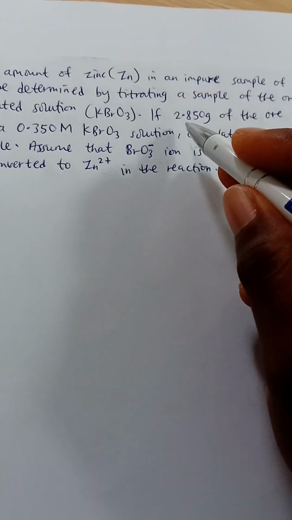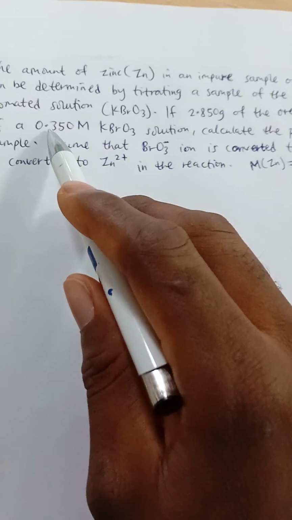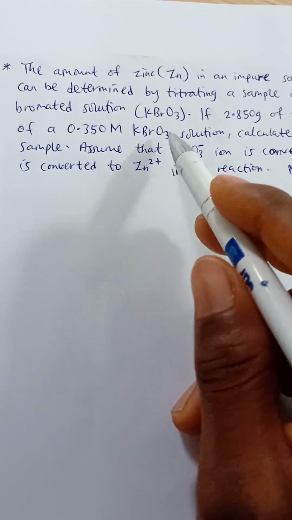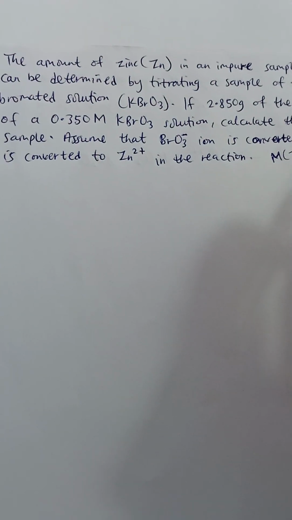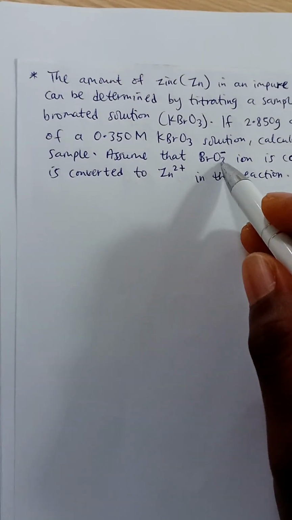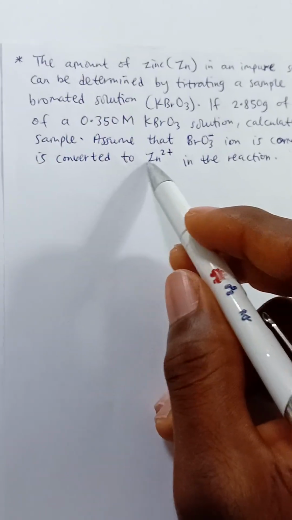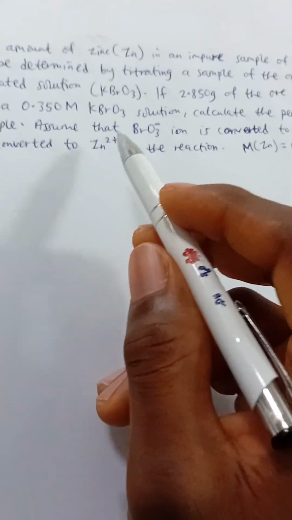So if 2.850 gram of the ore consume 20.50 milliliter of a 0.250 molar KBrO3 solution, calculate the percent zinc in the sample. Assume BrO3- ion is converted to Br2 and Zn is converted to Zn2+ in the reaction, and they give us the molar mass of the Zn.